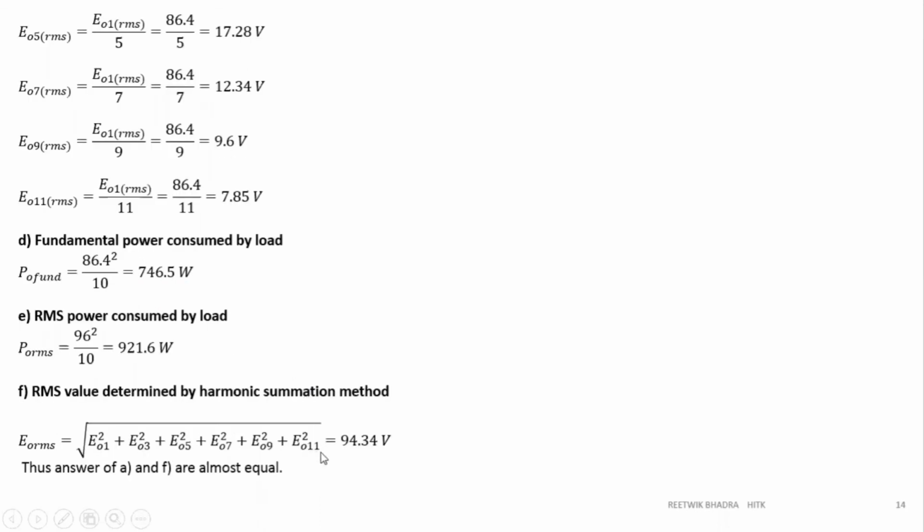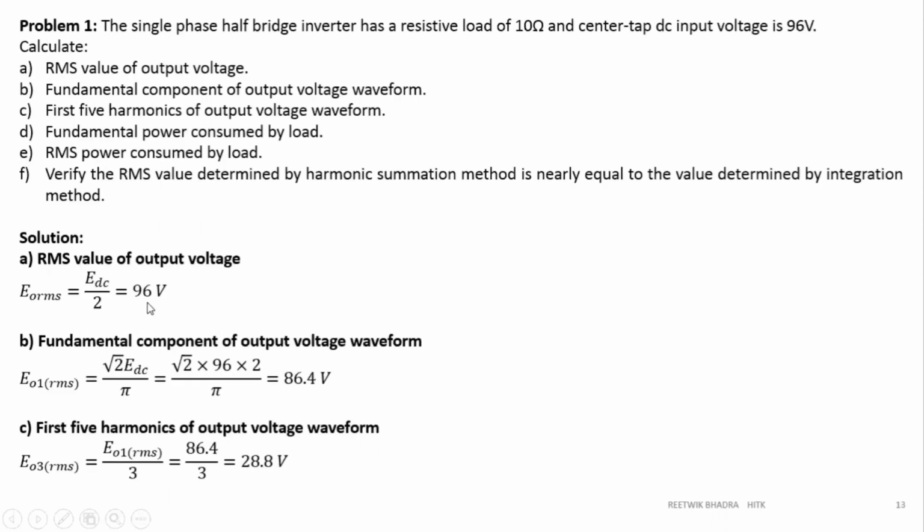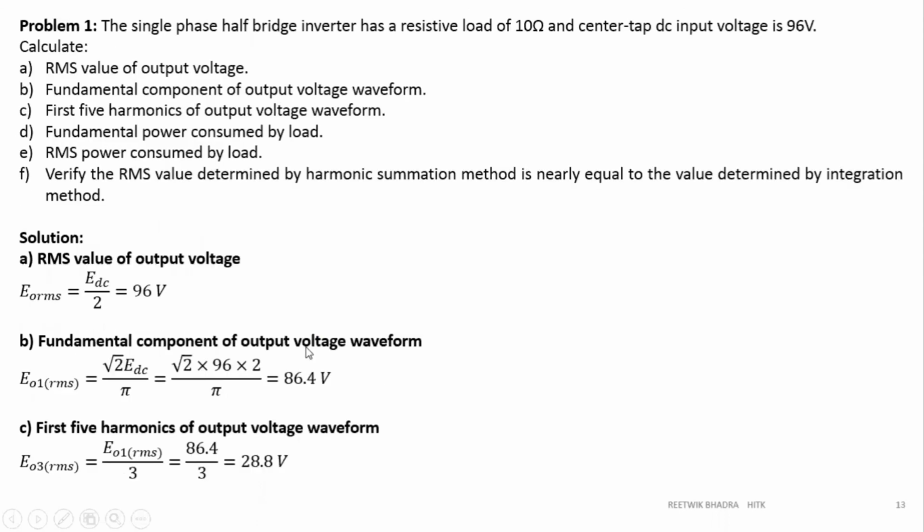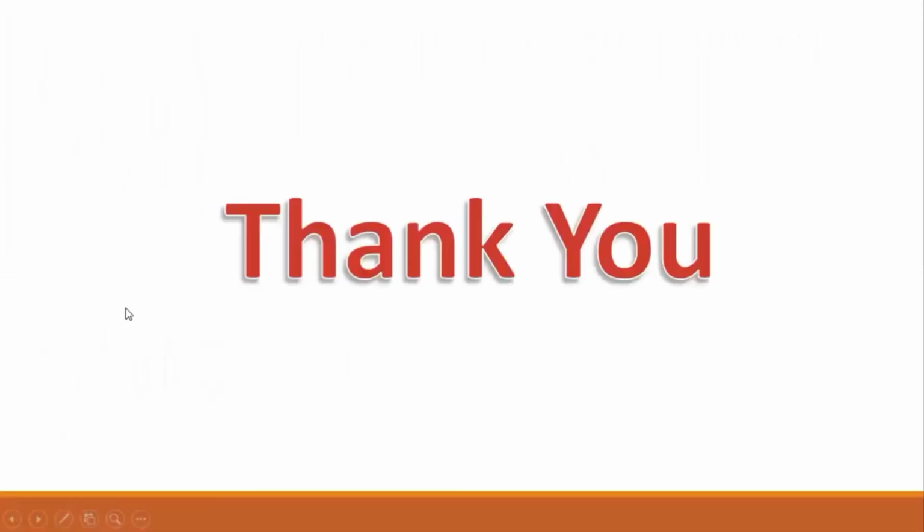You go on adding 13, 15, 17, 19, and this 94.34 keeps coming close to 96 volts. So this method of finding RMS value is the harmonic summation method, and the direct formula EDC by 2 is the integration method. So today up to this we have explained the half bridge inverter VSI.